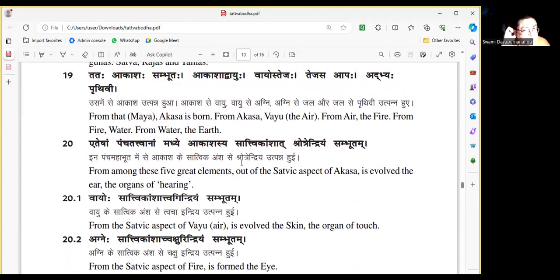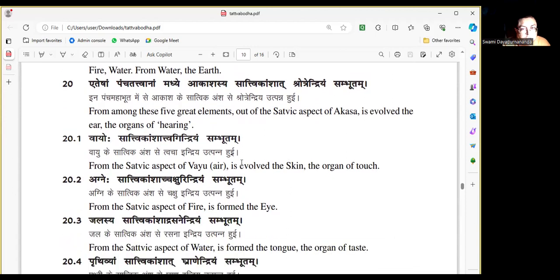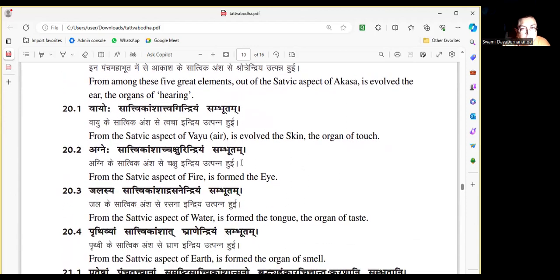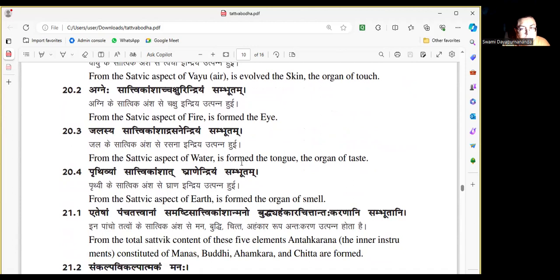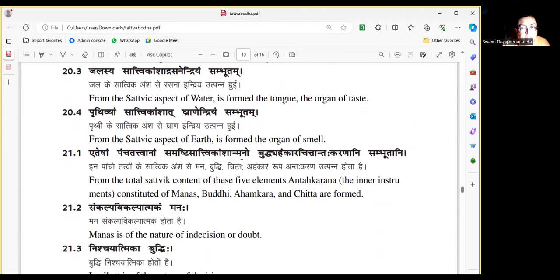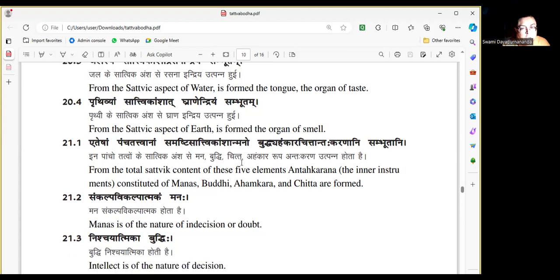From Akasha Sattva part comes Srotra, Vayu Sattva part comes Tvakendriya, Agni Sattva part comes Chakshu Indriya, Jala Sattva part comes Rasana Indriya, Prithvi Sattva part comes Ghranendriya. So 5 Pancha Mahabhuta and 5 Gyanendriyas, 10. Then the Sattva part of all five together brings up the Antakarana, Manas, Buddhi, Chitta, Ahankara. So 10 plus 4, 14.